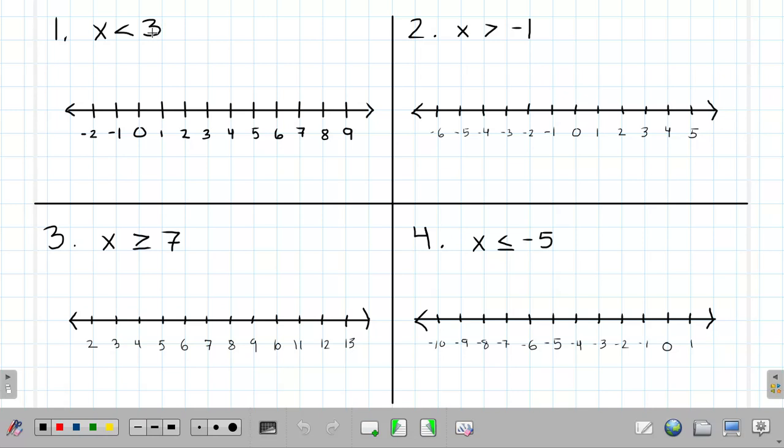Well, 3 is not less than 3, so in this case we can't have x be equal to 3. That means we're going to use an open circle, directly over the 3. Normally you would draw this on the line, but just for simplicity's sake, and so everybody's clear of what's happening, the circle is on 3.